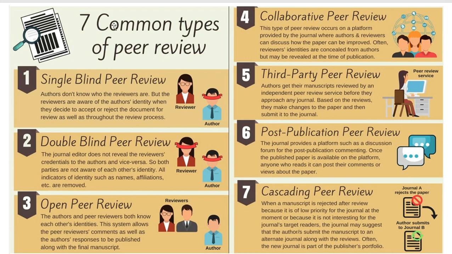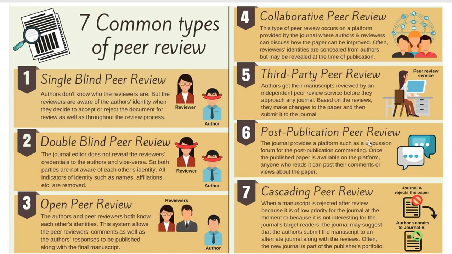You know that generally there are seven types of peer review: single-blind review, double-blind review, and open peer review. Open peer review is very much used in preprints, and collaborative peer review is very useful in conference research. Third-party review is useful based on the journal approach, and it is generally taken by publishers, like book reviews.